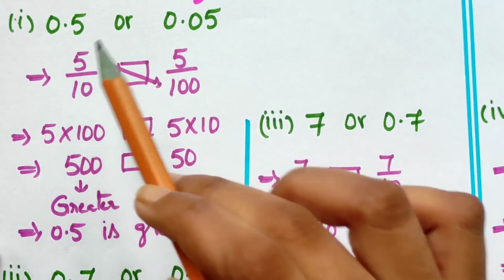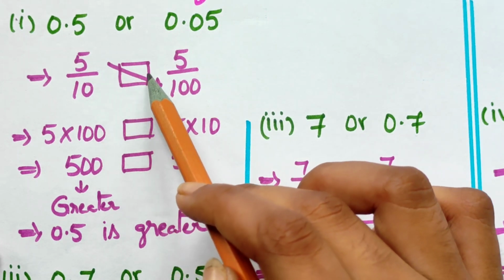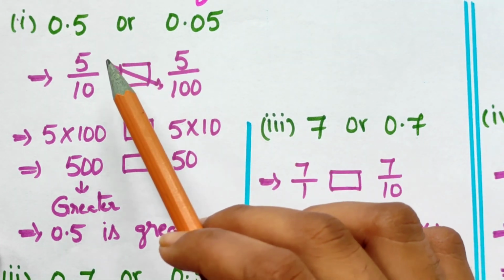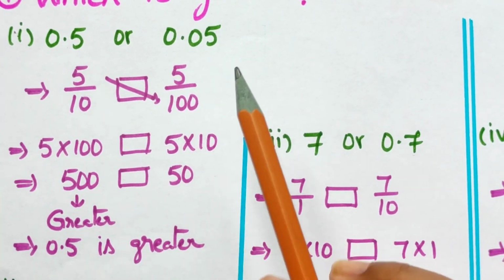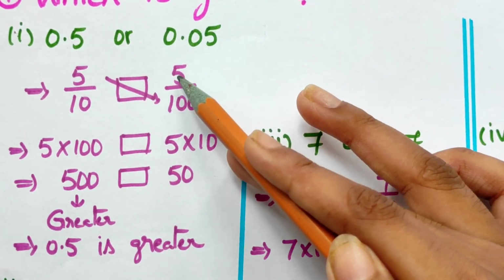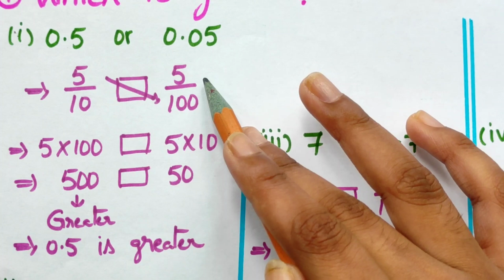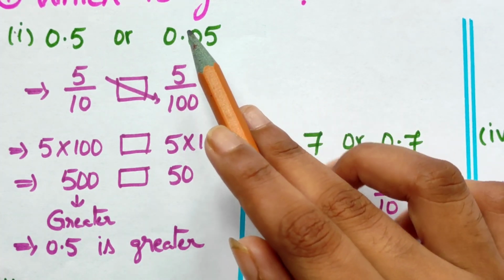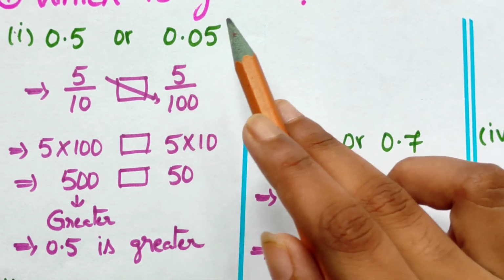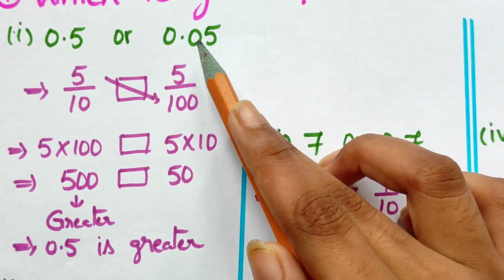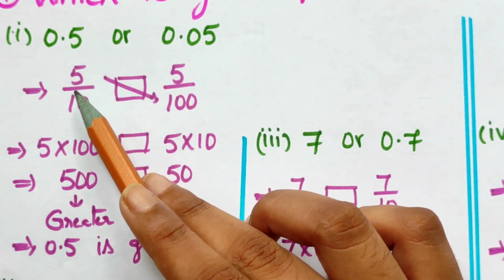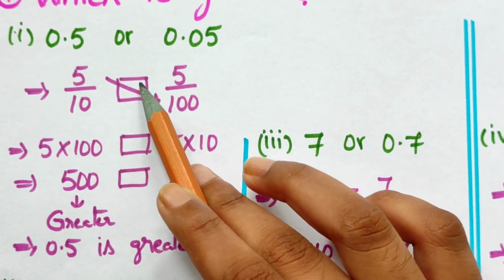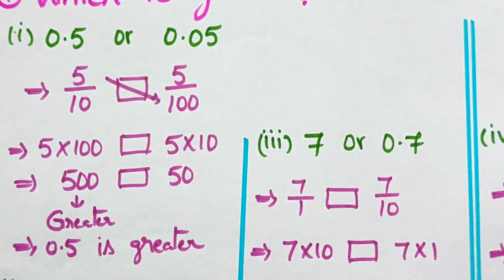Let us maintain a blank here as we cannot decide which is greater. Now let us write 0.05 as 5 by 100, because the decimal is 2 digits before, that means 2 zeros. Let us maintain a blank here.